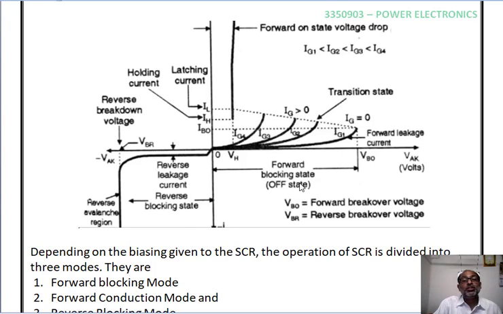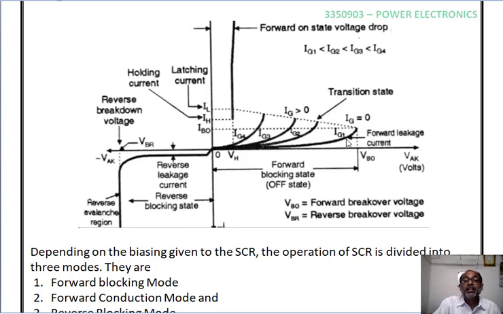Due to this, the SCR goes into conduction mode, and acts as a switch, and the current starts to flow through the SCR, in the direction from anode terminal to cathode terminal of the SCR.